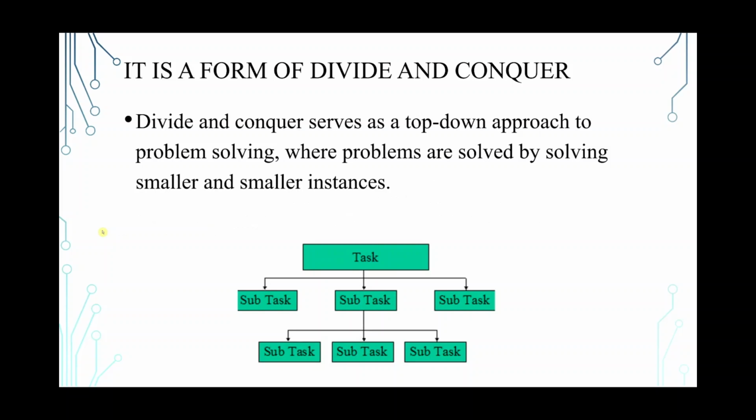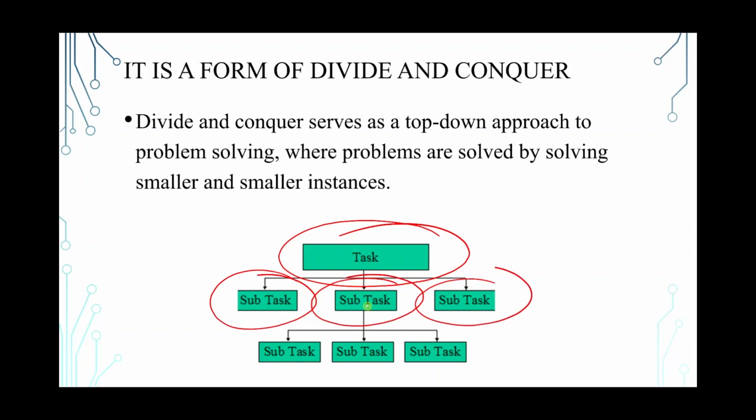So divide and conquer serves as a top-down approach to problem solving, where problems are solved by solving smaller and smaller instances. For example, if you have a big task like this, you split that task into subtasks, and if a subtask is still big, you can divide it into further subtasks.